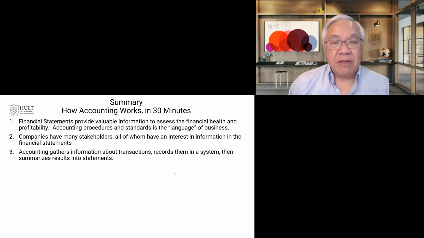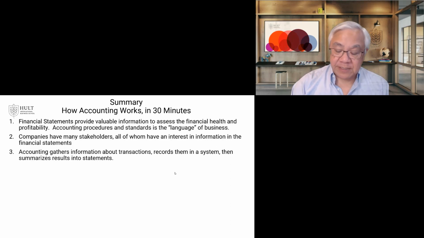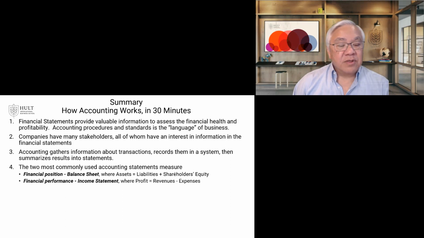We gather information about the transactions, then we record them into an accounting system, and then we summarize those results into statements. The two most commonly used accounting statement measures are financial position, which is the balance sheet, where assets equals liabilities and shareholders' equity. And the second is financial performance, as illustrated from the income statement, where profit equals revenues minus costs.